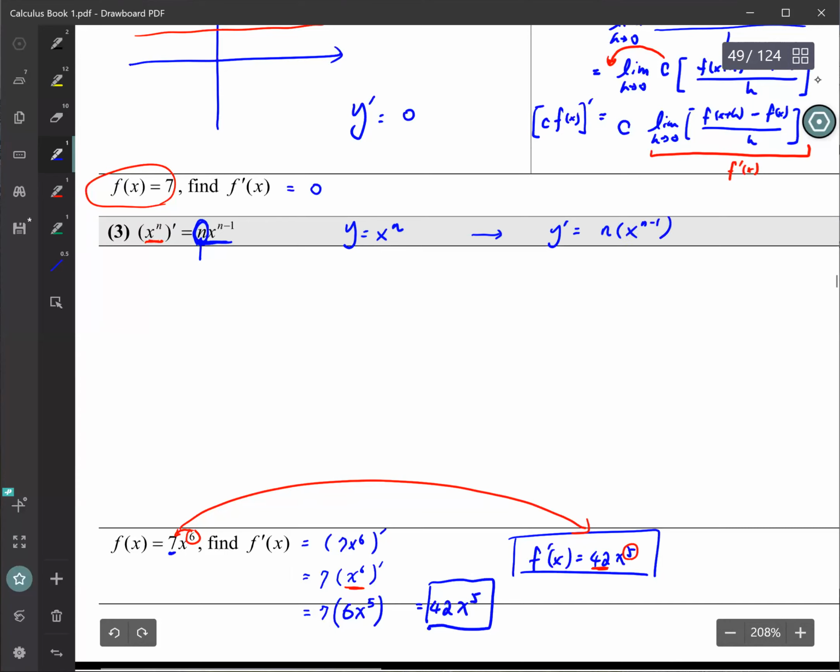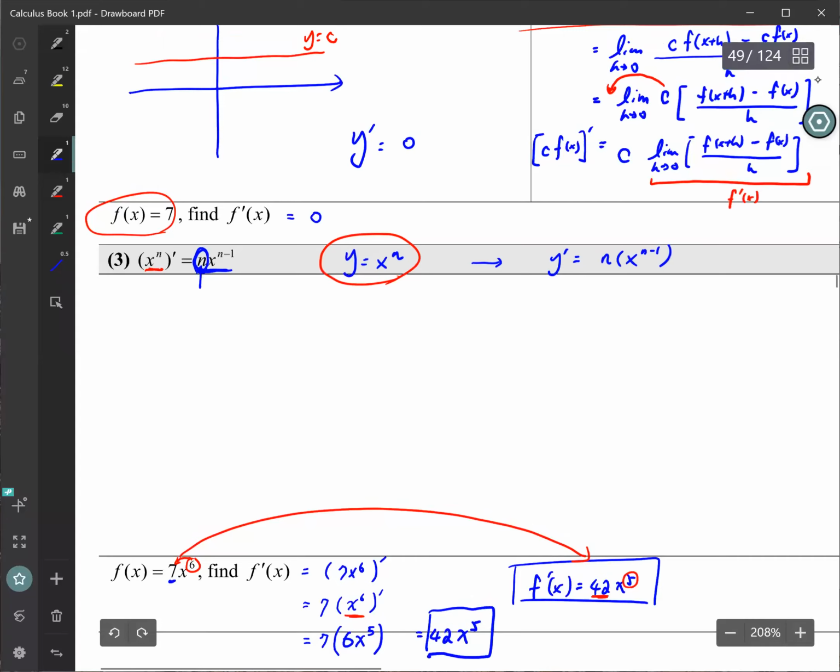That's what you've been using for the homework, right? You pull down the exponent and the exponent becomes minus 1. So this one is our original function. Let's apply the definition now, okay?